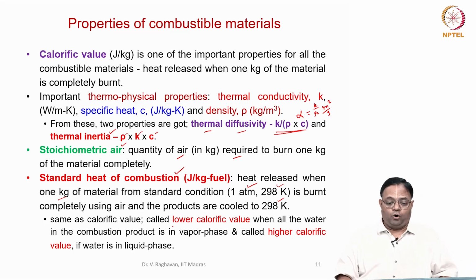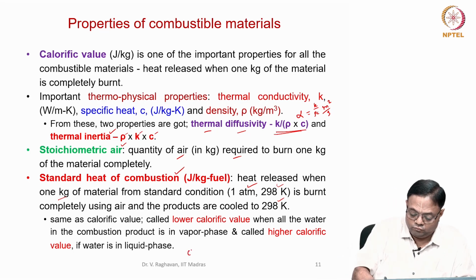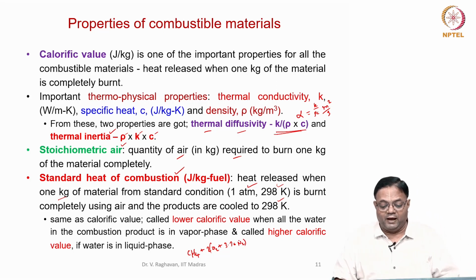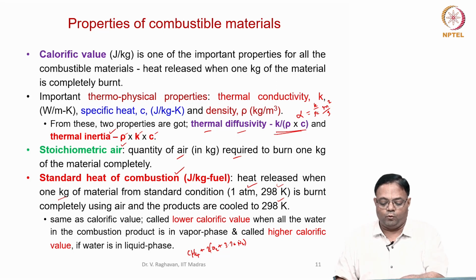Okay, so if you see any reaction, combustion of methane, methane reacts with 2 moles of oxygen, and air is basically 1 mole of oxygen and 3.76 moles of nitrogen.